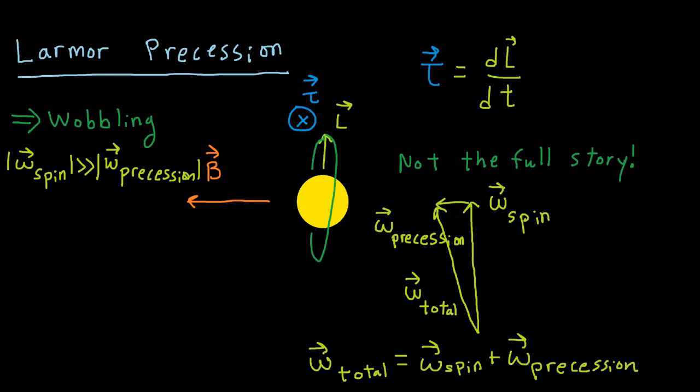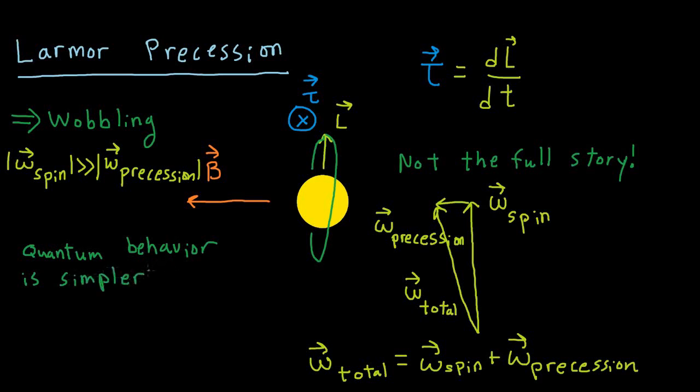Now, so far, we've only been talking about classical physics. This has been a purely classical analysis. But it turns out that the quantum behavior of the spinning electron is actually simpler. So I guess I'll just write that here. Quantum behavior is simpler.